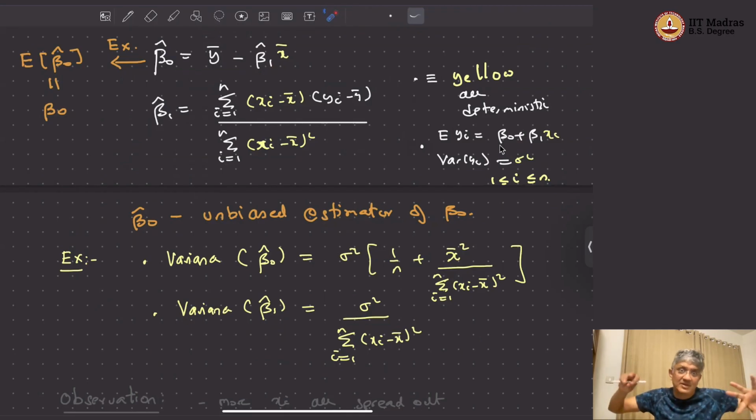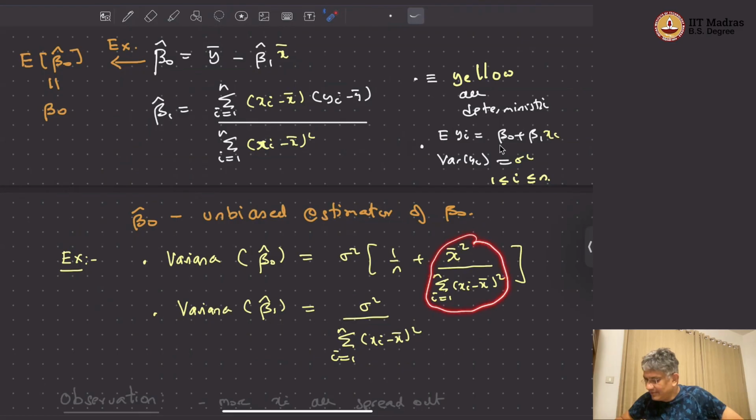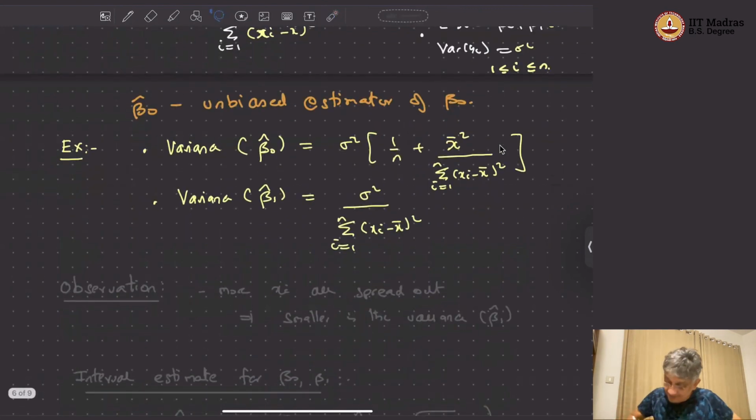They have to be a little bit far away, because if this is very small, you'll have a large variance of beta 1 hat. Similarly, if you look at this expression, x bar squared divided by this, the more the xi's are spread out, the clearer the effect on the variance of beta 1 hat, and similarly you may have an effect on the variance of beta naught hat as well. So let's mark this observation.